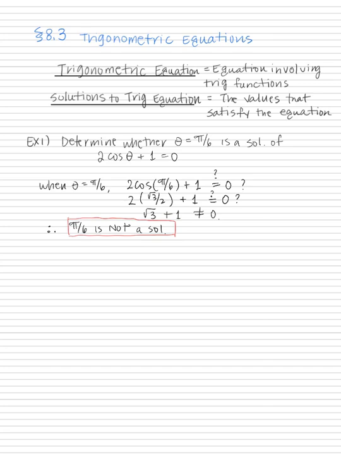Okay, so moving right along, let's go with example 2. Solve sine of theta equals a half, and give a general formula for all the solutions and list 4 of the solutions.